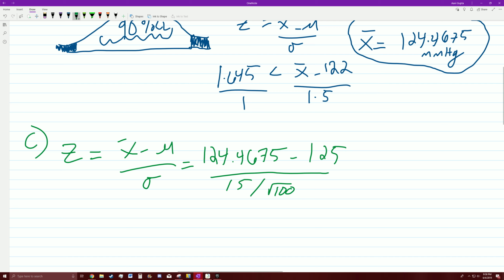This is the standard deviation for a sampling distribution with an n of 100. So this is going to equal negative 0.355, not 0.335. Okay, so this is our z value. The z is equal to negative 0.355.